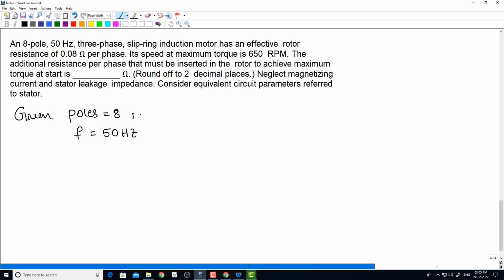Also, the machine is a 3-phase slip-ring induction motor, and the rotor resistance is 0.08 ohms, and the speed at maximum torque is equal to 650 rpm.